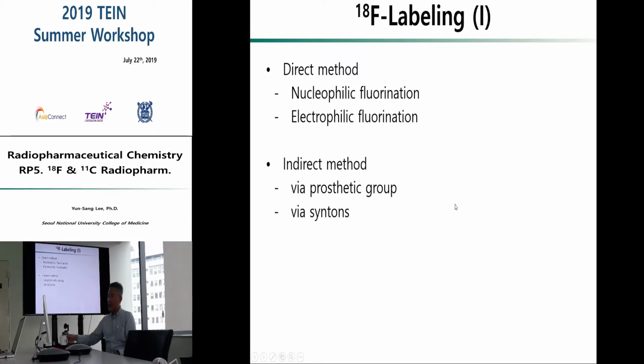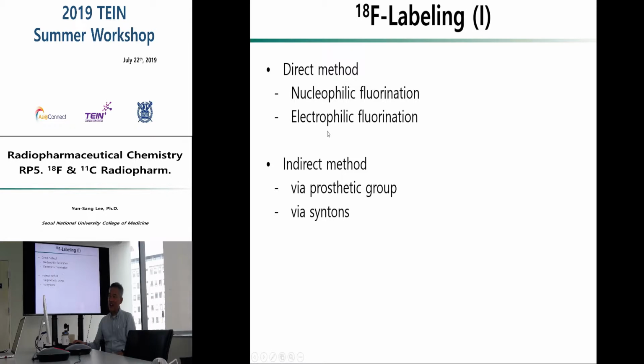In case of F18 labeling, we directly label some precursor, and then F18 nucleophilic fluorination or electrophilic fluorination happens. But sometimes we can make a prosthetic group or synthon, then we can put this synthon into the other molecule.